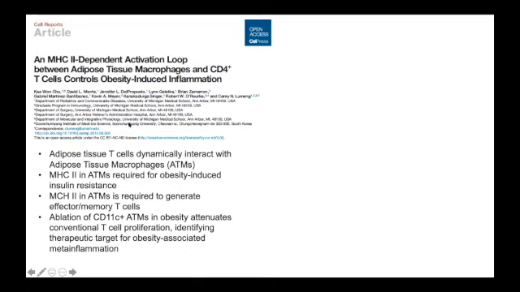So this particular study observed adipose tissue T cells dynamically interacting with adipose tissue macrophages, demonstrating that MHC2 in these macrophages is required for obesity-induced insulin resistance, as well as to generate effector memory T cells, and that ablation of CD11c positive macrophages in obesity attenuated the conventional T cell proliferation, identifying potential therapeutic targets for obesity-associated meta-inflammation.